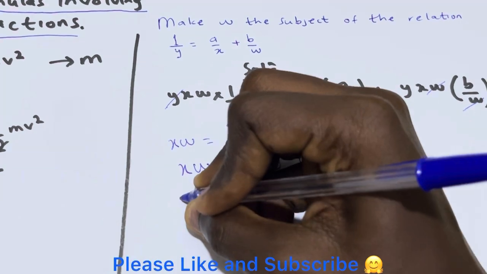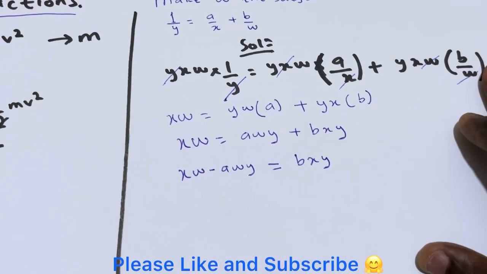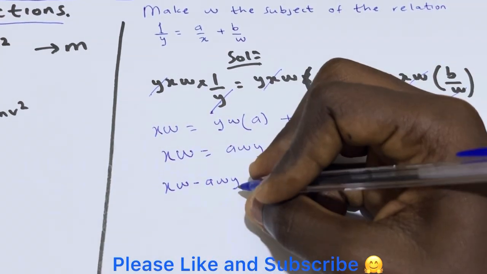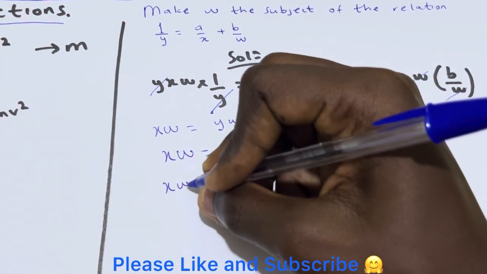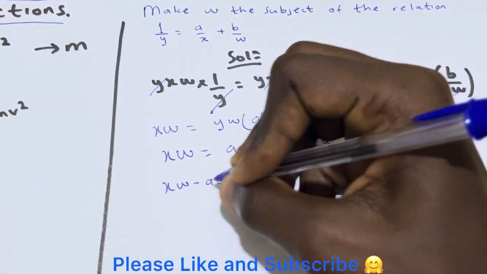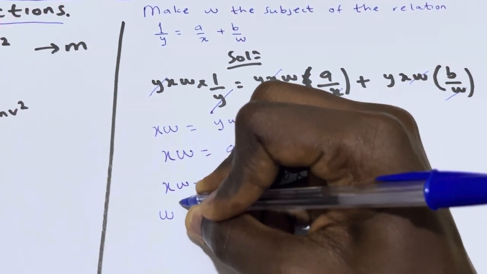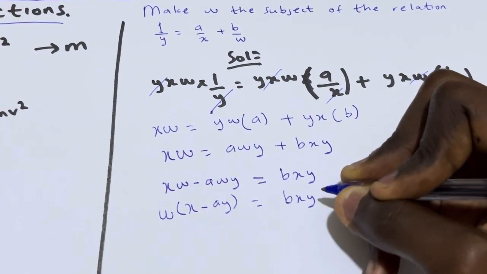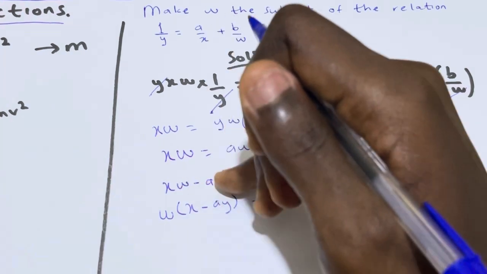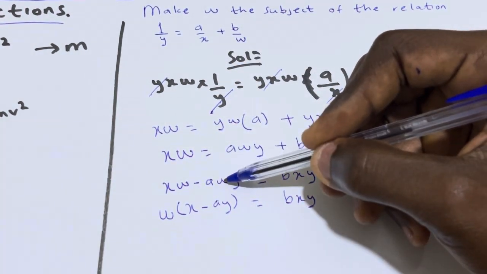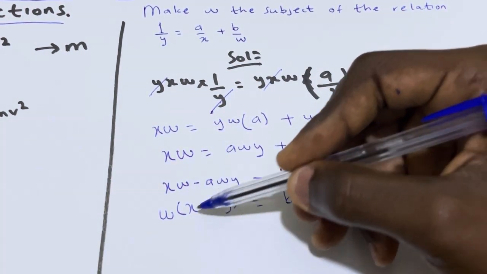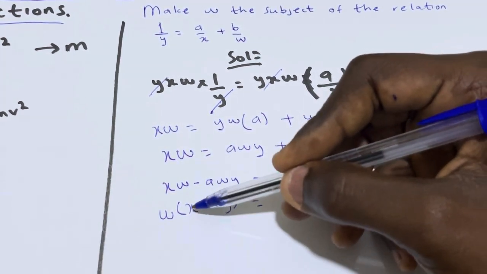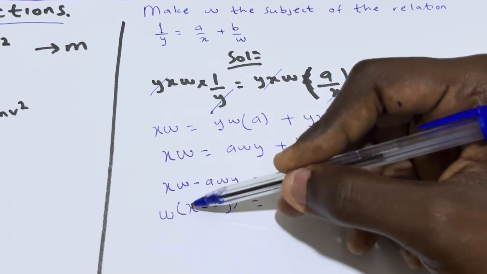So once you can see the w common here, you can bring it out, factorize it out. Factorization is removing the common factor. You see, we have w here, w here. So it's the same as bringing it out and multiplying through by what's inside here. Multiplying w times x, we have wx.